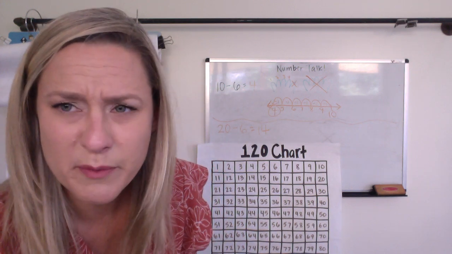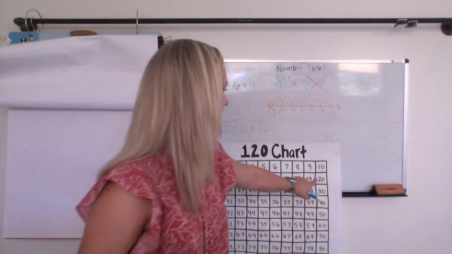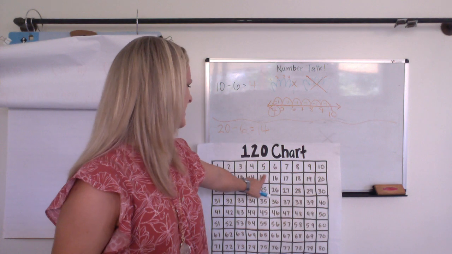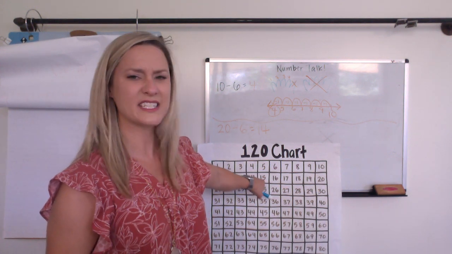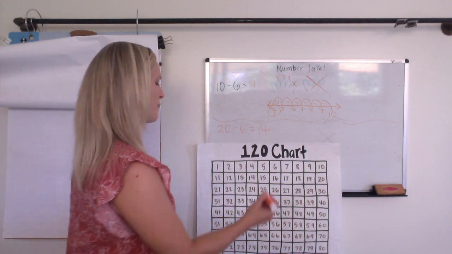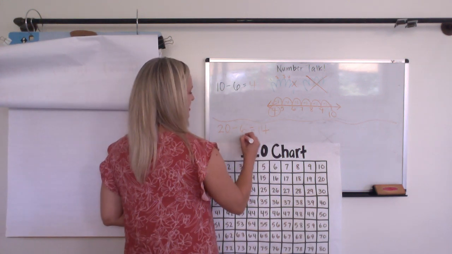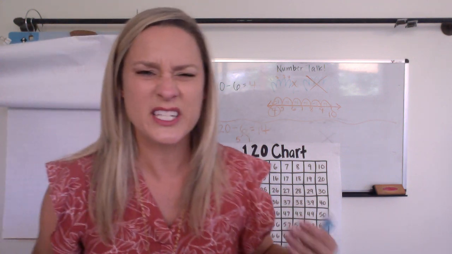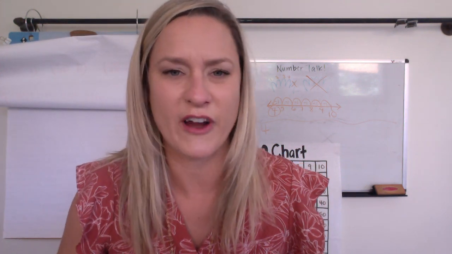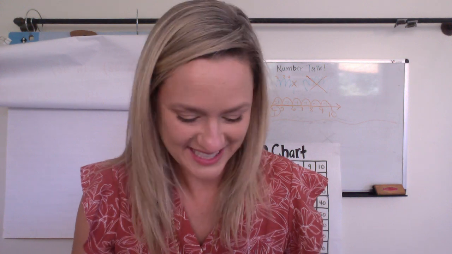Now, if you started by taking off 5, 20 minus 5 is 15. Are we done yet? We still have to take off 1 more. So maybe you split that 6 into a 5 and a 1 more. So you can do stuff like that too. Make friendly numbers. Can you find the friendly numbers?